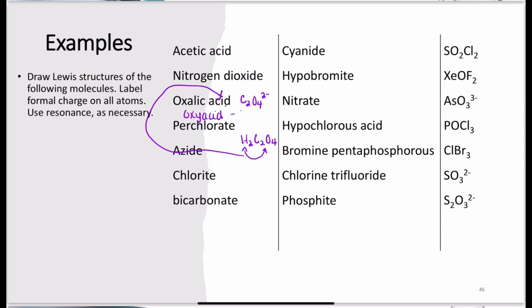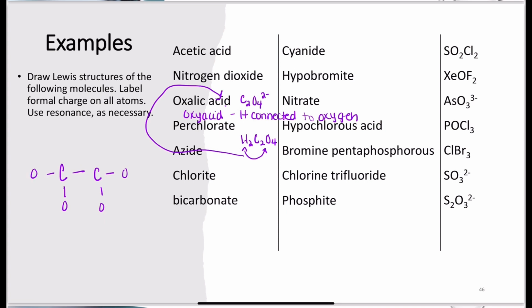So the hydrogens are connected to the oxygen. I've got carbon, oxygen, carbon, oxygen, oxygen, oxygen.